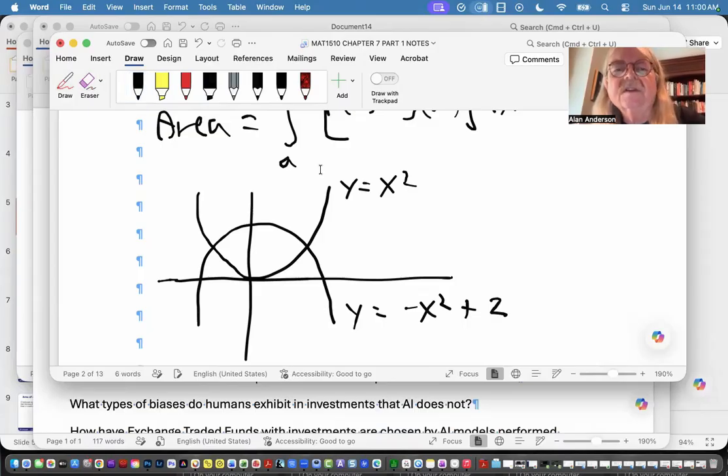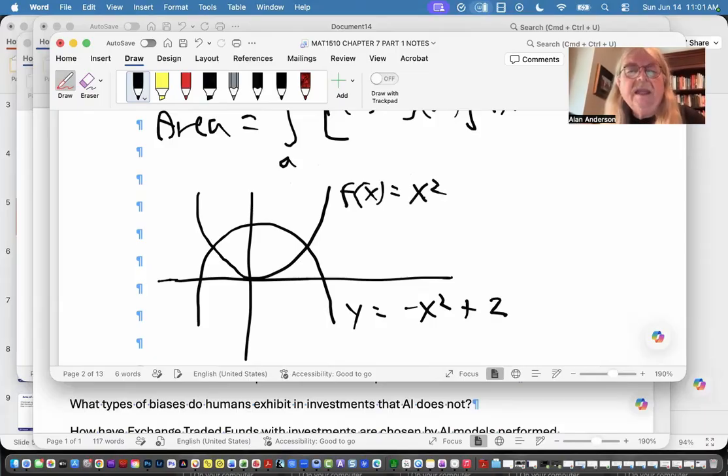Actually, I should have called this f of x. So we have f of x on top is x squared, and this becomes our g of x.